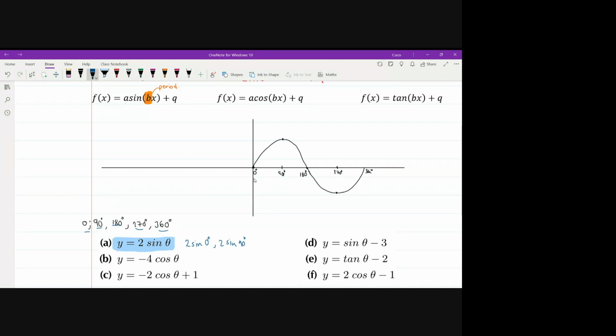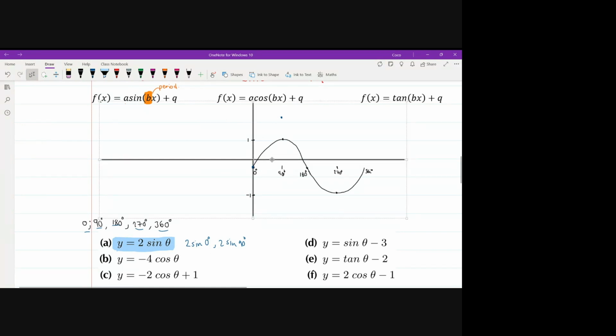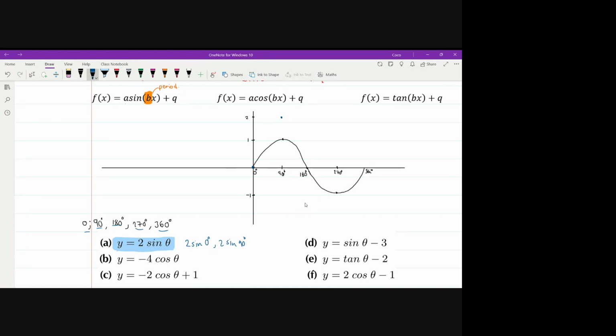For 0, the answer is 0. Good, it's 0, lovely. For 90, it's 2. Good, at 90 degrees, we are at 2. Let me actually stretch this one a little bit. At 180, it's 0.